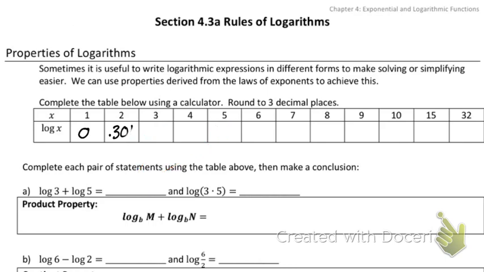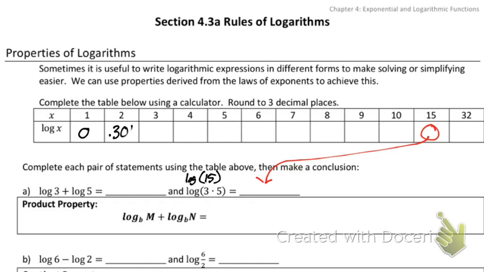For the next one, notice this is log base 10 of 3 times 5. Well, you're just going to be looking for the log of 15, which should be right here, so you're going to put that answer right there. And then you're going to put that together and come up with some kind of notion of what this product property would be, and then do all of the properties.